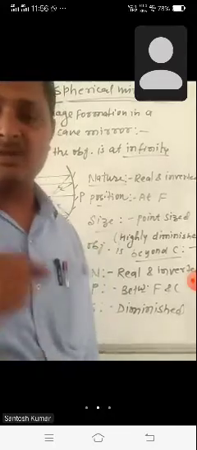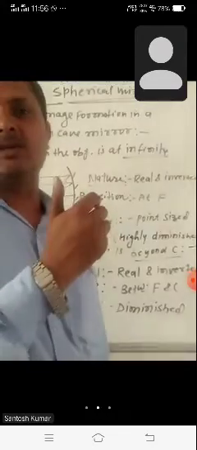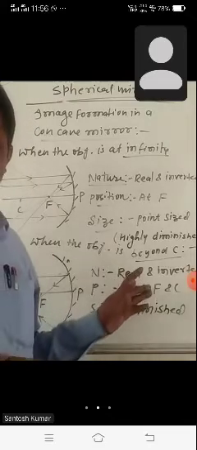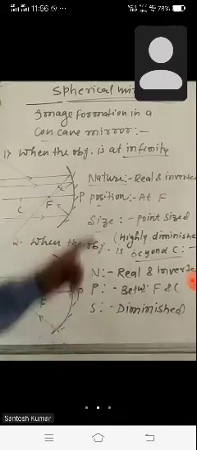Don't think that so many diagrams have to be remembered. No. We only have to follow the rules, and the diagram will automatically be drawn. So I am doing just that. Nothing has been utilized other than the rules which I explained in the class. So these are the 2 rules.